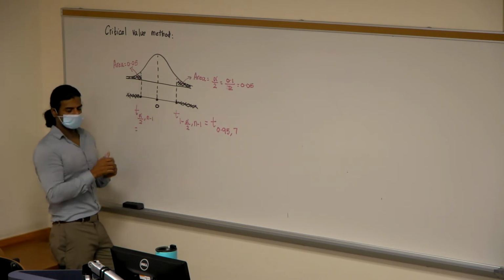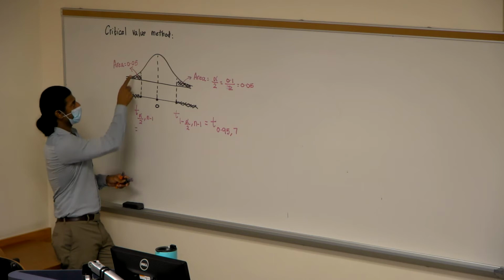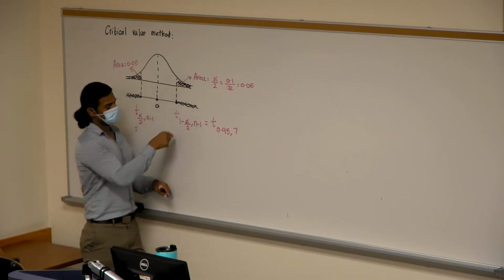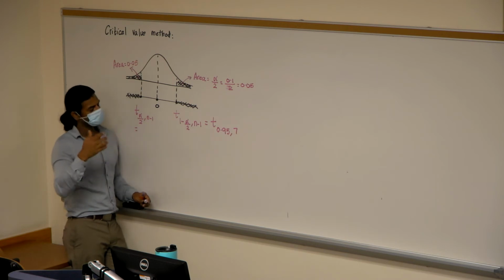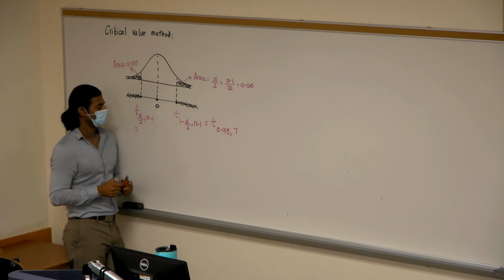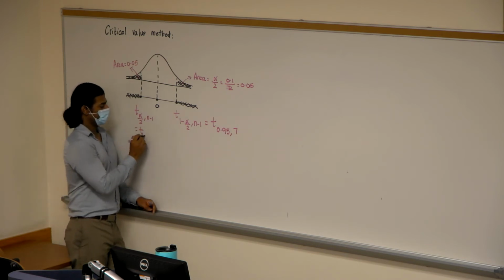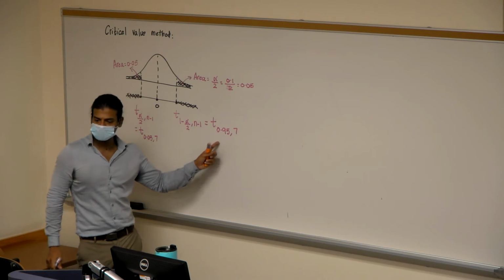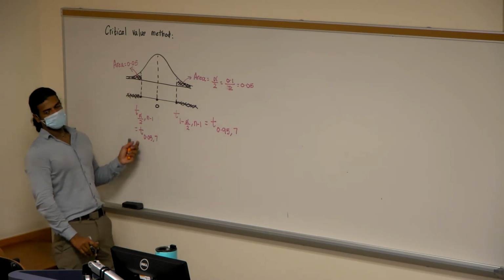All we're trying to do is put the area below. The area below here is just alpha over 2. The area below that point is t, so what? It's 1 minus alpha over 2. So this would be t 0.05, 7. So you may either choose the right hand side to find the critical value, or the left hand side.